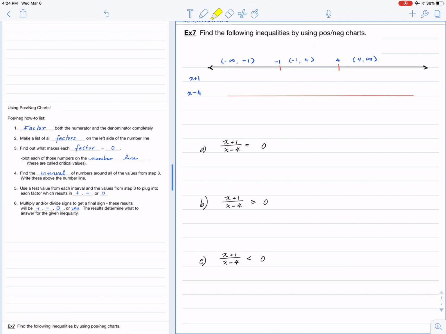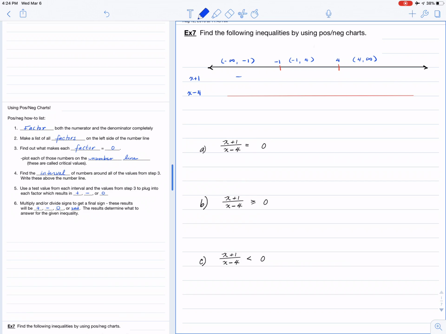And then I want you to plug whatever number you chose into that first factor. So if you pick negative 2, ask yourself, is my result going to be negative? Is it positive, or is it equal to 0? And this is going to be the same no matter what number you choose in that interval. Any number you choose in that interval, when you plug it into the factor x plus 1, is going to cause a negative.